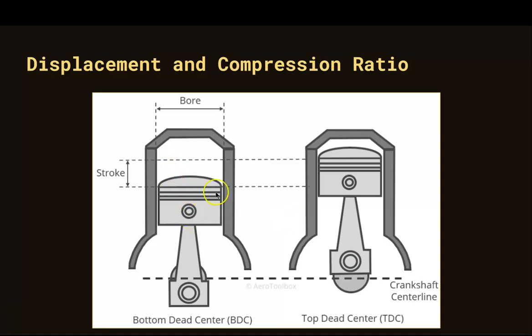What we can do is use these measurements to help us figure out how much the pistons displace, how much volume the pistons are able to move in the volume of air, and then also how much our fuel-air mixture will be squeezed when it's compressed during the compression phase of the four-stroke cycle.